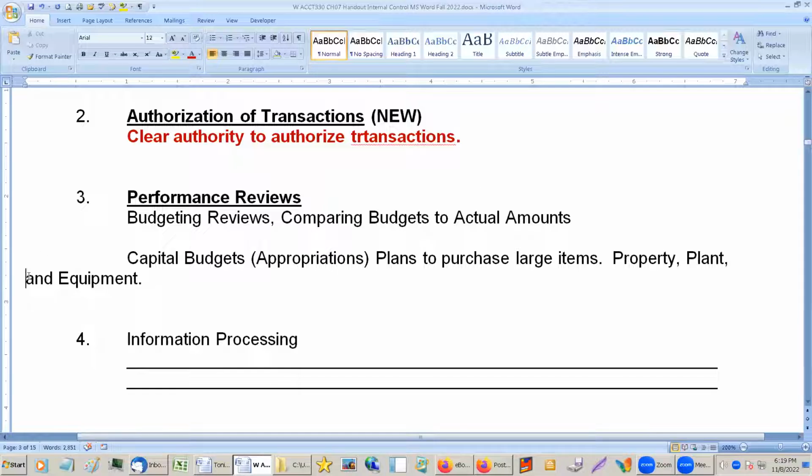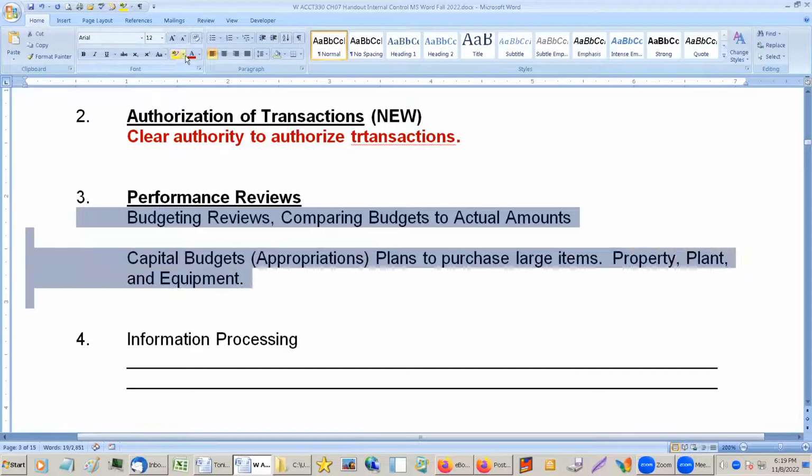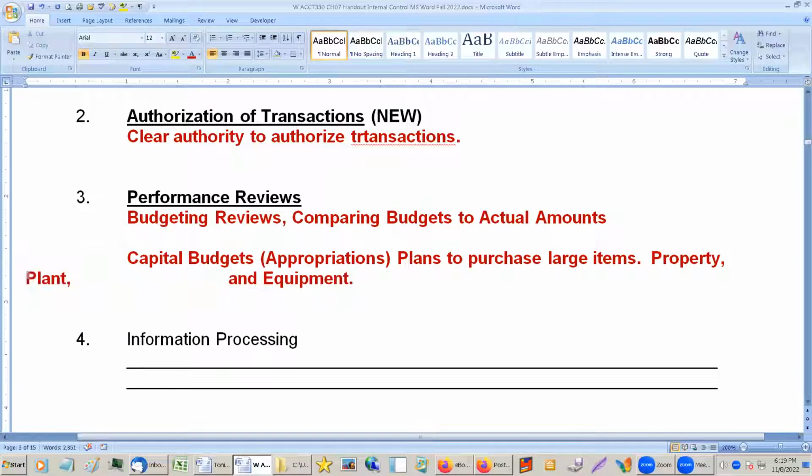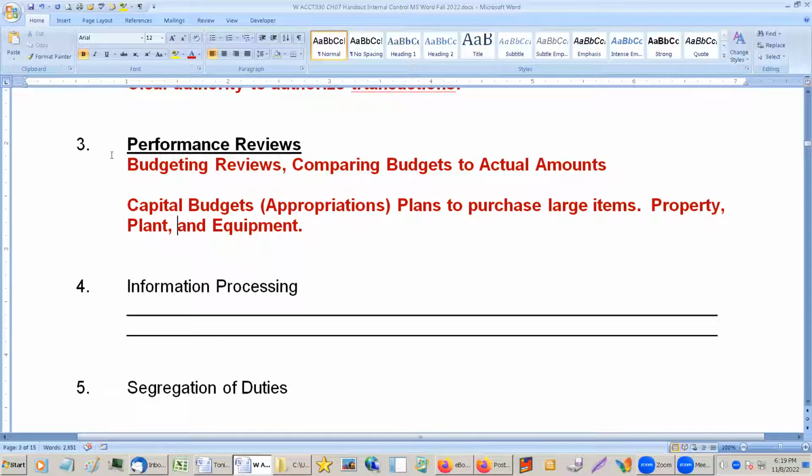Property, plant, and equipment. So budgeting reviews, comparing budgets to actual amounts that are paid, and also capital budgets are another big one.